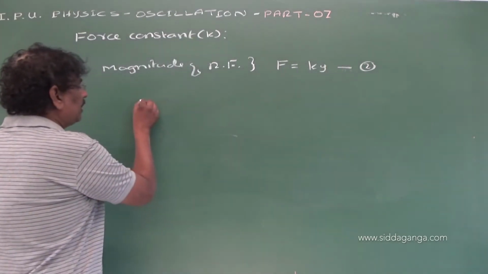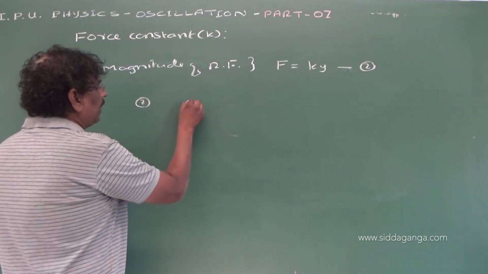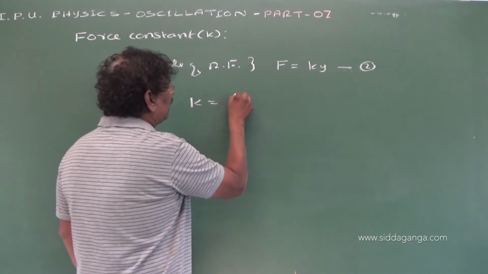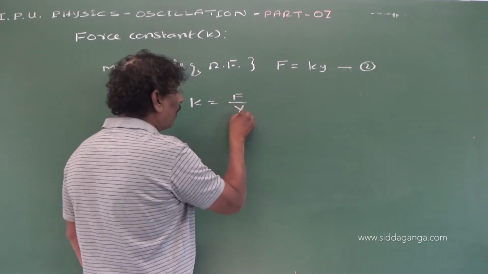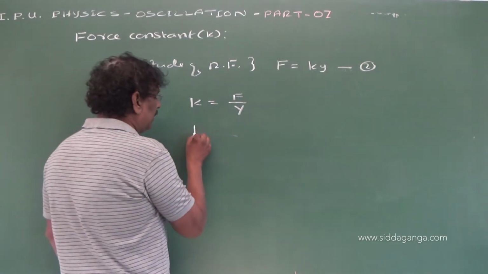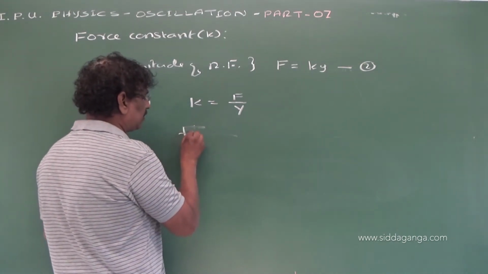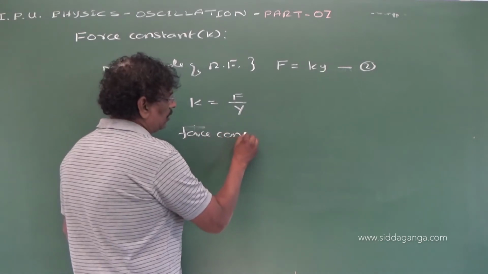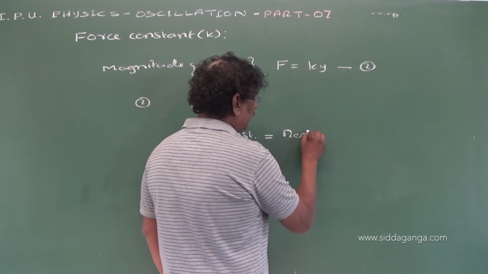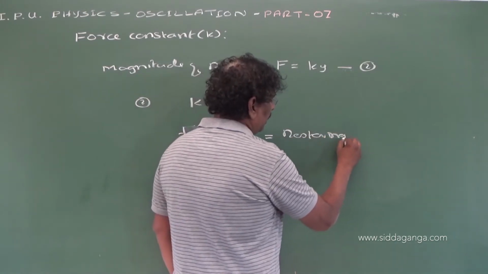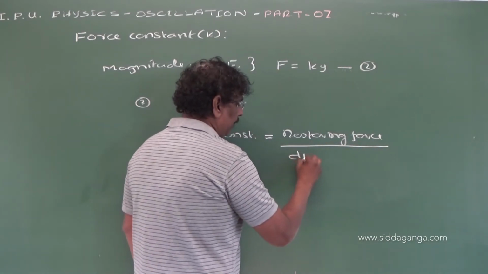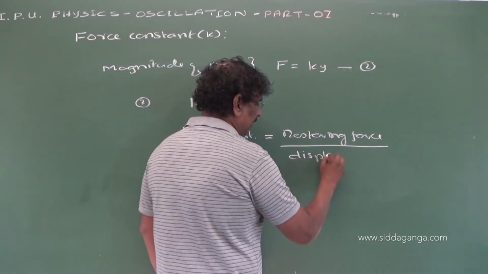From equation 2, we can write K is equal to F by Y, or K, that is the force constant, is equal to the magnitude of restoring force by the magnitude of displacement.